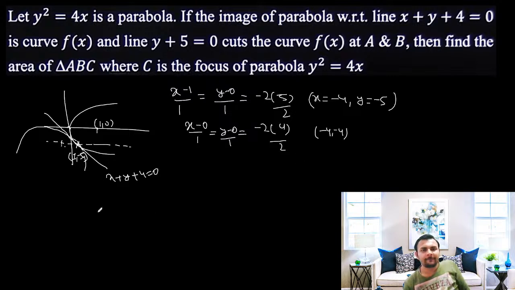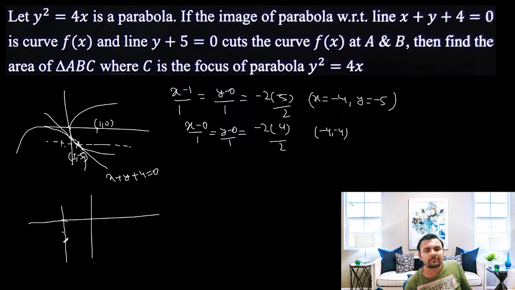Okay, so the new parabola has become minus 4 comma minus 4 with the center minus 4 and minus 5. This is the way it has come out to be. The reflection of center in this, and this is the center.